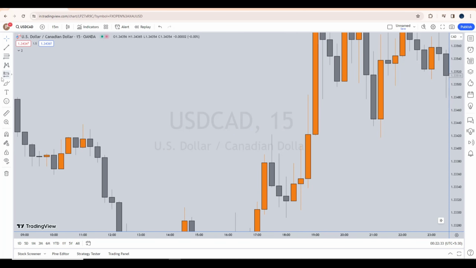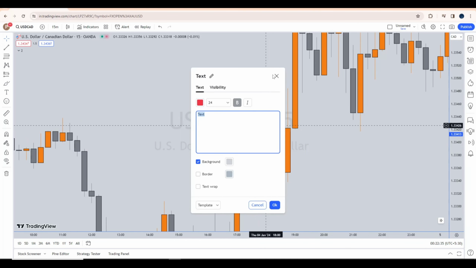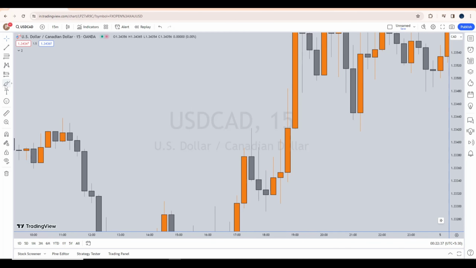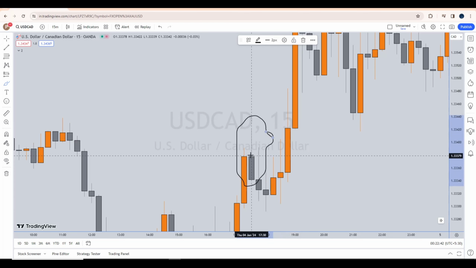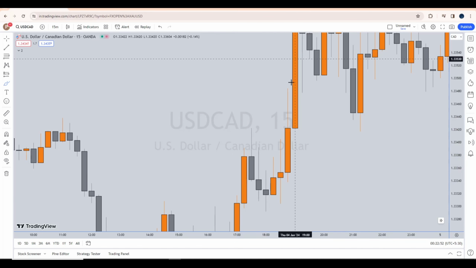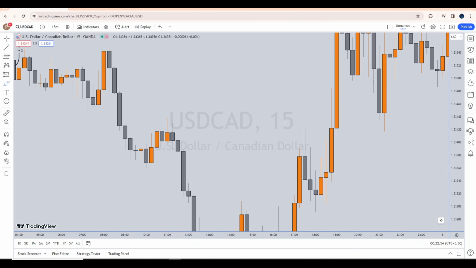Yeah, so here as you can see, you can see a big body of the candle and also a big wick, which shows the power of the sellers. Okay, so these were the candlestick patterns you will look for to confirm your entries.